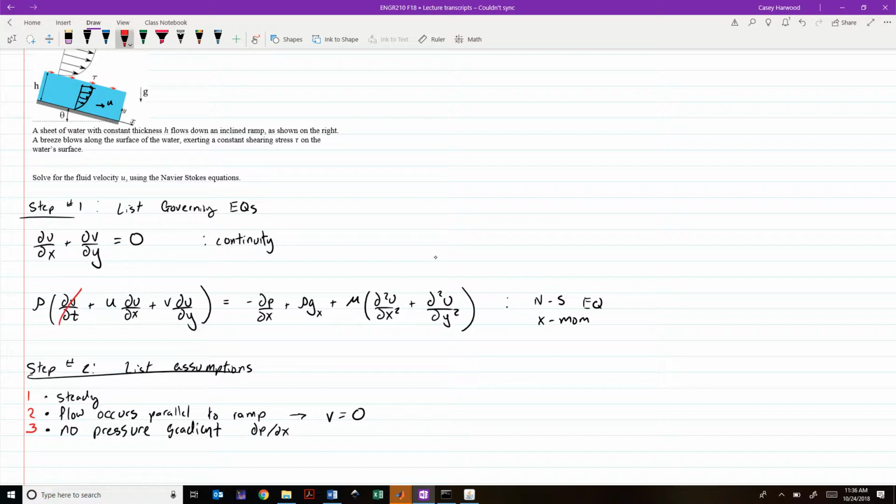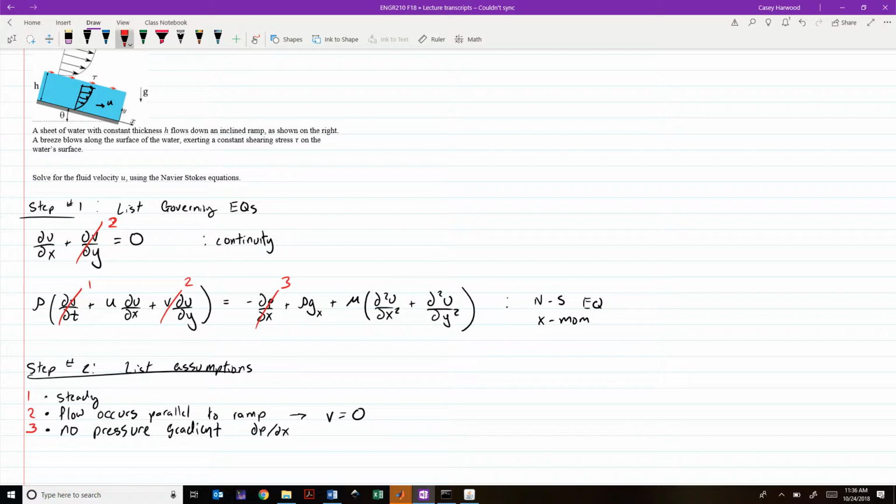and then we can go through and start canceling out our terms. So that guy goes away, goes 1. If v is equal to 0, that means that guy is 0. That guy is 0. No pressure gradient.